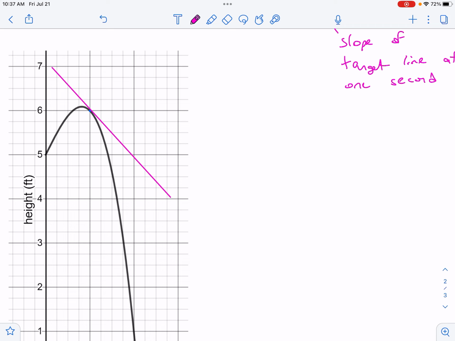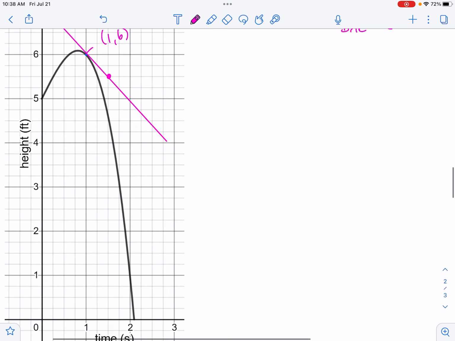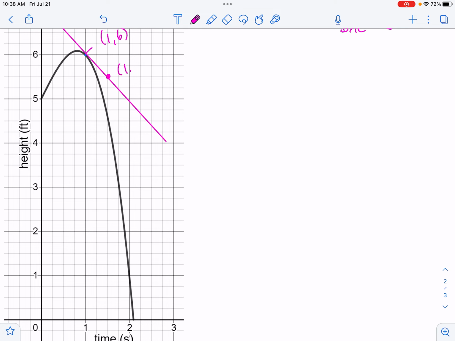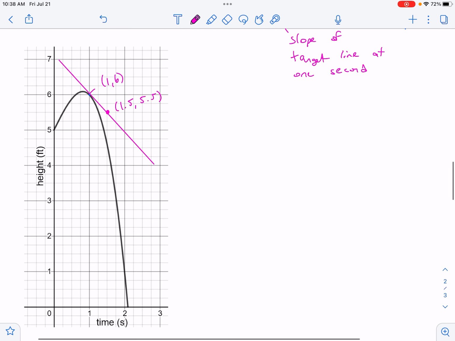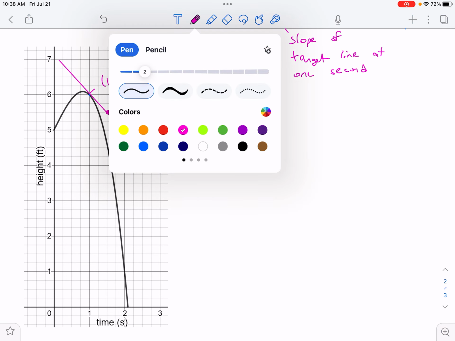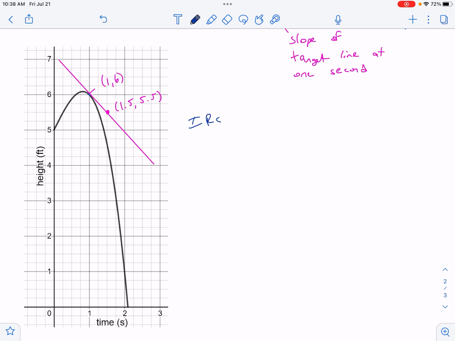I know that I can use this point, that's at (1, 6). Looks to me like maybe right here we have another good point, located at (1.5, 5.5). So we can find the IROC that way. Our IROC, of course, is our delta y over delta x.